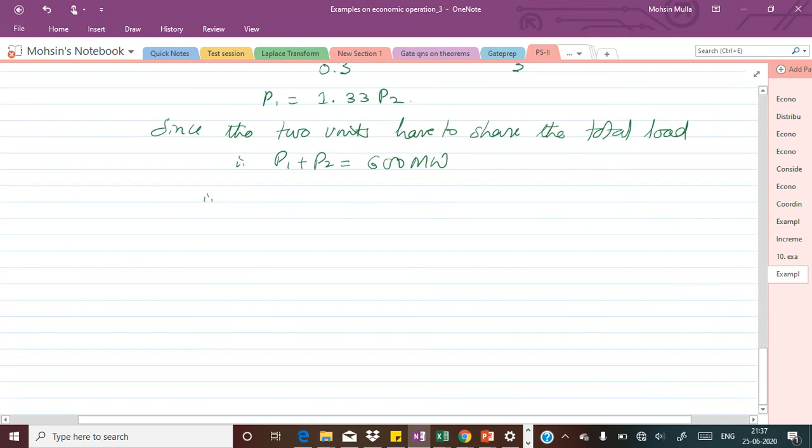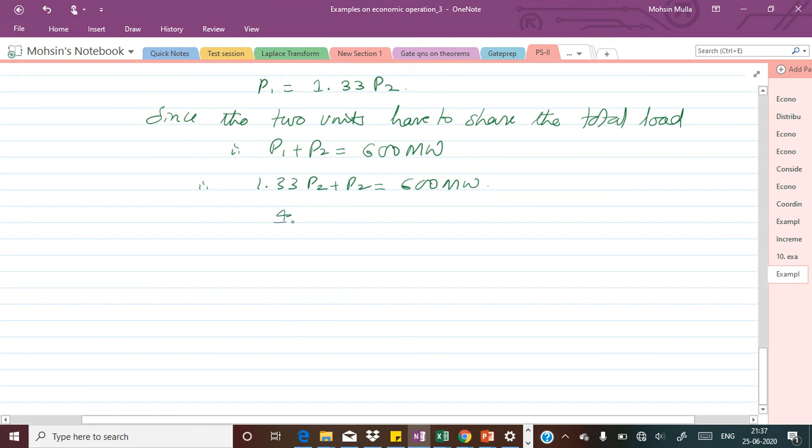Substituting the expression of P1 in this equation, 1.33 P2 plus P2 equals 600 megawatt.